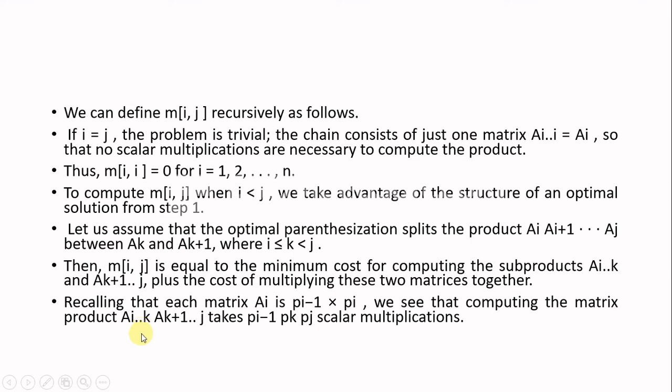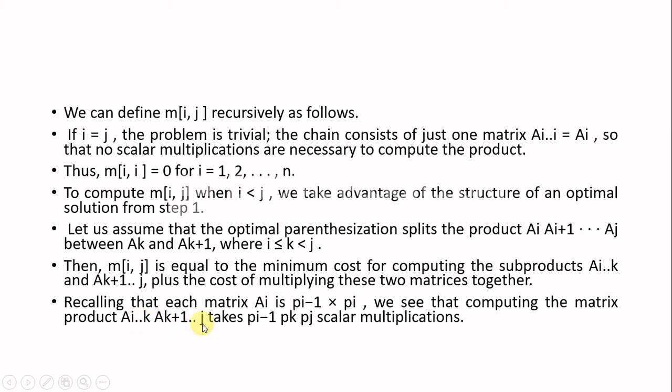And the matrix Ak plus 1 to j is again a product, and its dimension will be, according to this, Ak plus 1 has dimension pk by pk plus 1, so the product has dimension pk by pj.